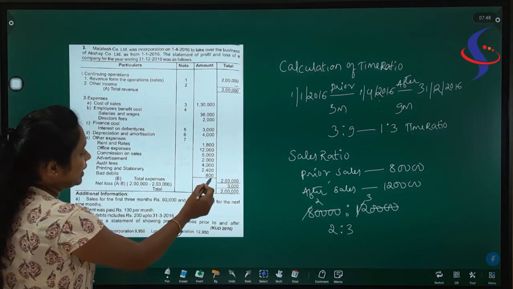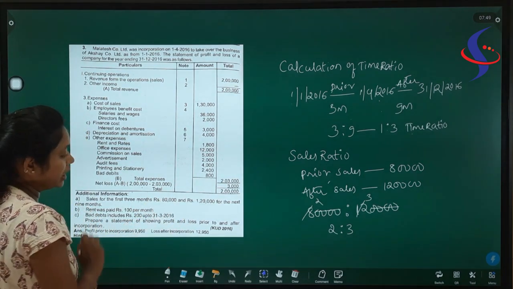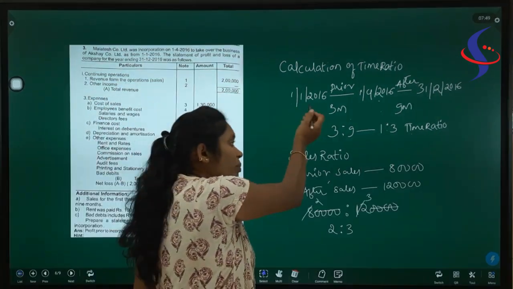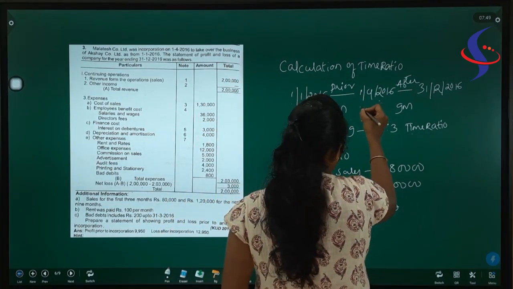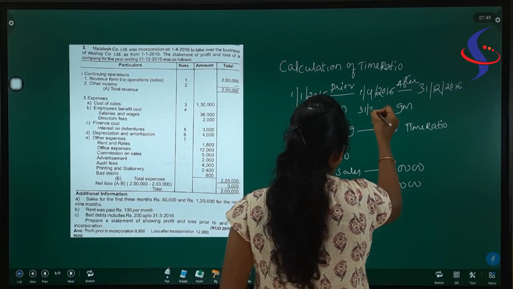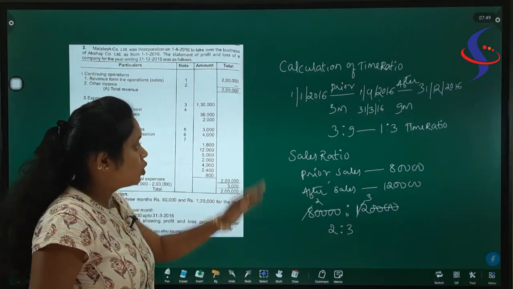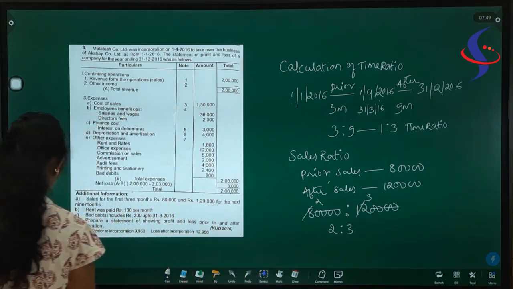So what is the total bad debt? 800. And bad debt includes 200 up to 31st March 2016. What do you mean by up to? It means from the beginning. From 1st January to 1st April. 1st April is also the same as 31st March 16, there is a gap of 1 day here. So up to 31st March 16, what is the bad debt?